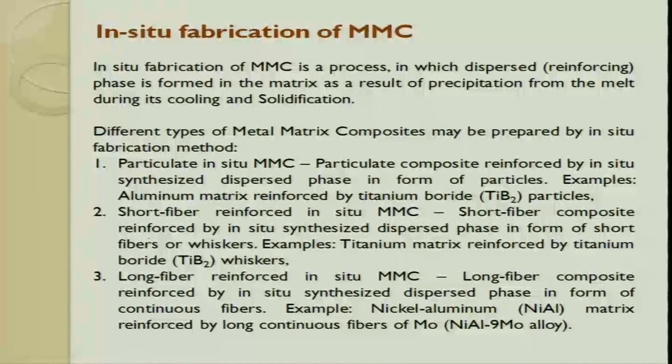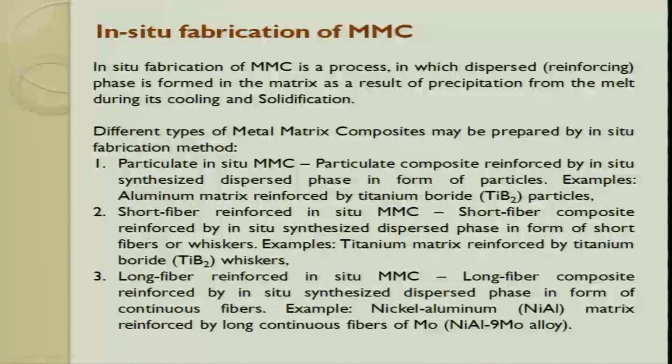The next one is in situ fabrication. In situ fabrication means, as I told earlier, I add both these powders and there is a reaction happening, or I apply heat from outside. So, the reinforcing phase and the matrix evolve at the same time.